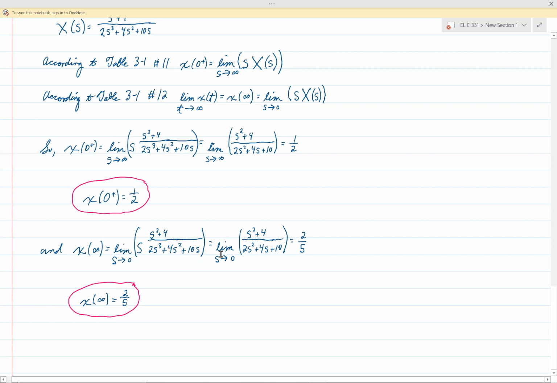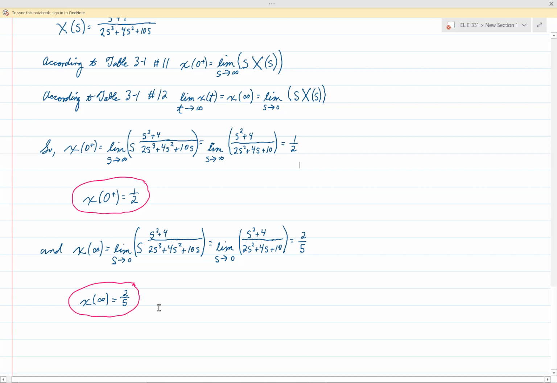So we now have the limit as s goes to 0 of s squared plus 4 over 2s squared plus 4s plus 10. And you can see as s goes to 0, the top goes to 4, and the denominator goes to 10. And so we just have 4/10 or 2/5. And so that would be x of infinity.